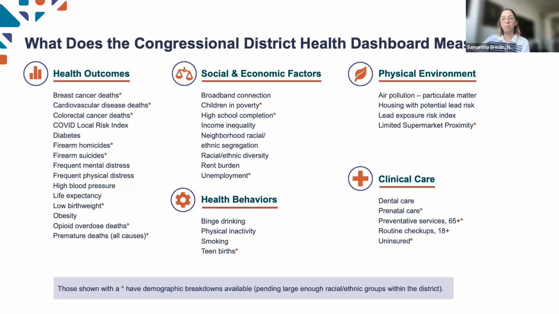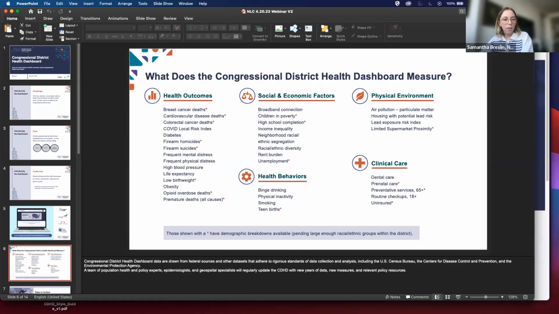And sorry, I do want to just mention before I move on to the demo that all of the measures that have an asterisk next to them are measures that also have demographic data available as well. So data either broken out by race, ethnicity, sex, or age, where that data is available. And so with that, I will pivot to the site demo.